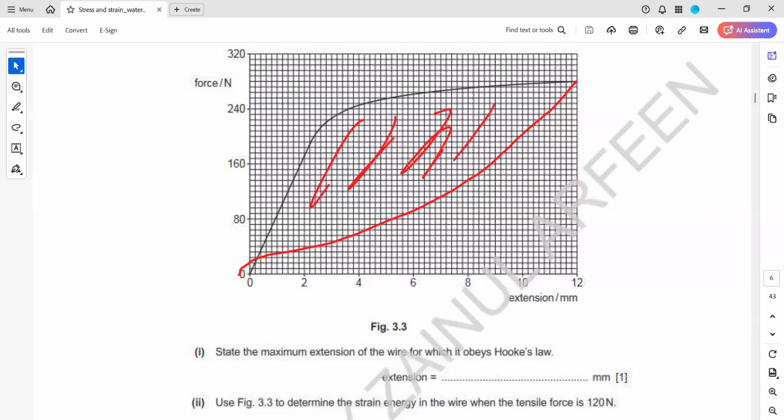So the work done on the spring and the work done by the spring are not the same. Why? Because some of the energy from the work done is causing a deformation of the spring, so it remains as internal energy. So we can say the spring may deform, either plastic or elastic deformation happens. And the second point you can include is that the energy is dissipated or lost in the form of heat energy.